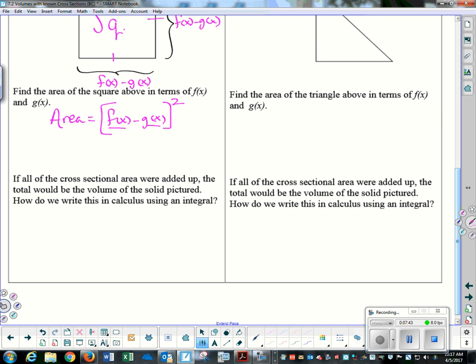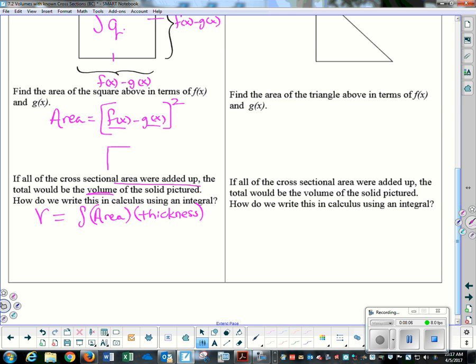If we added all of these areas up, we would get the volume of the picture above. The volume is nothing more than the area multiplied by the thickness of our figure.